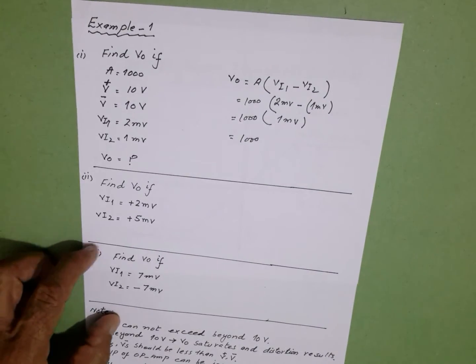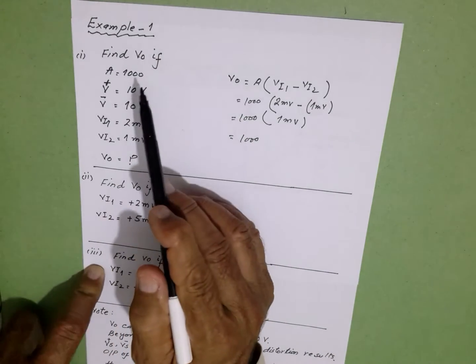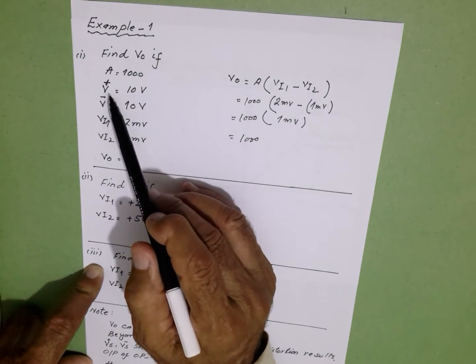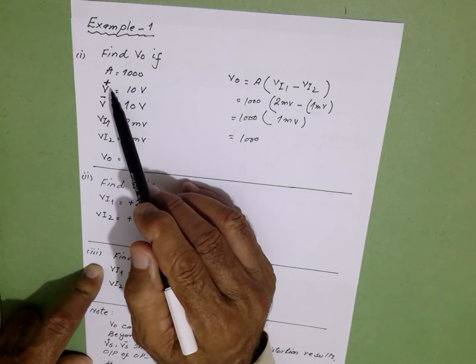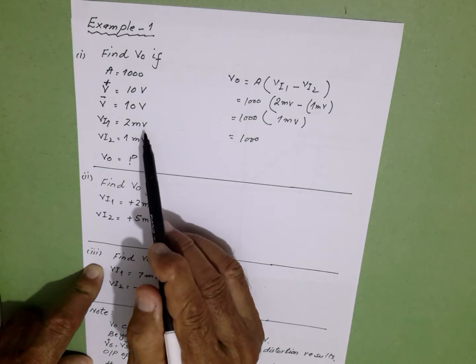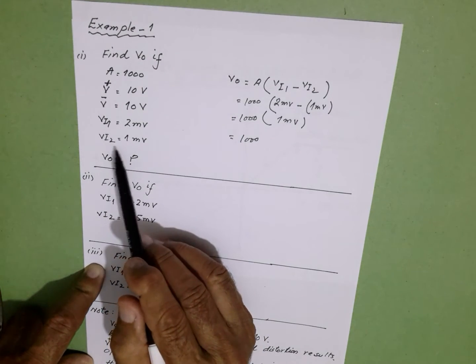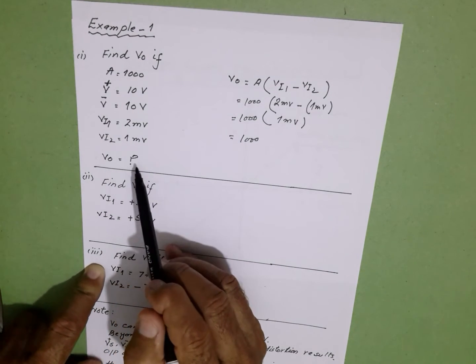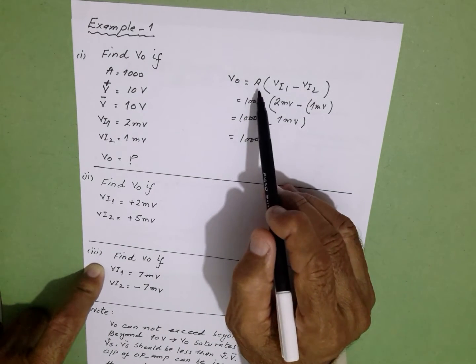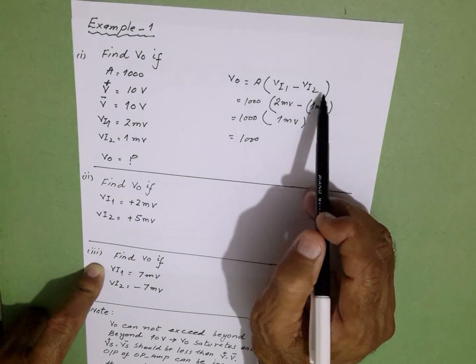Now these are the specifications given. Find the output voltage if A is 1000, the positive and negative DC supplies are 10 volts, V input 1 is 2 millivolt, and V input 2 is 1 millivolt. What will be V naught? The formula is V naught equals A times (V input 1 minus V input 2).